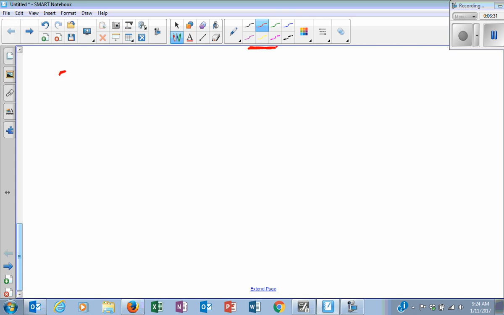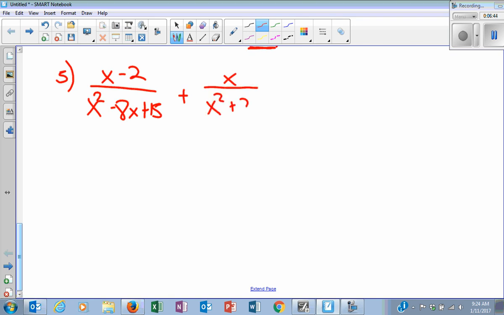Alright, 5. x minus 2 over x squared minus 8x plus 15, plus x over x squared plus 25. Well, in order to add these together, since this is addition, you need to worry about common denominators first, and then also restrictions too.